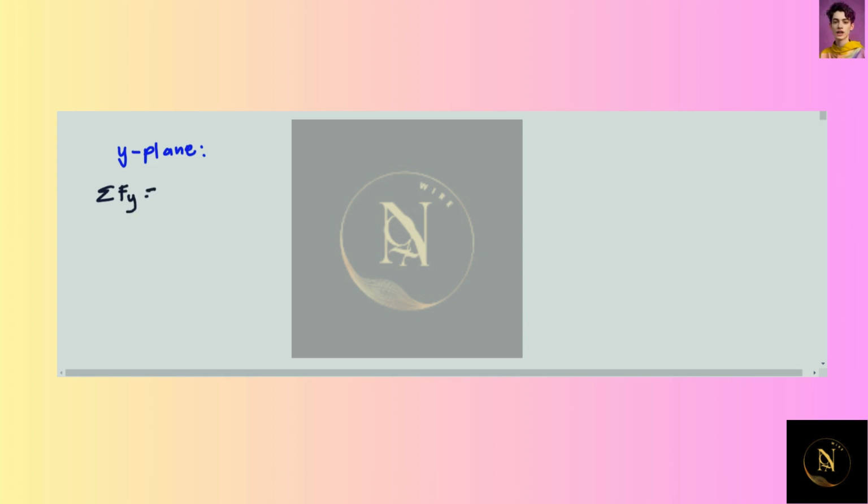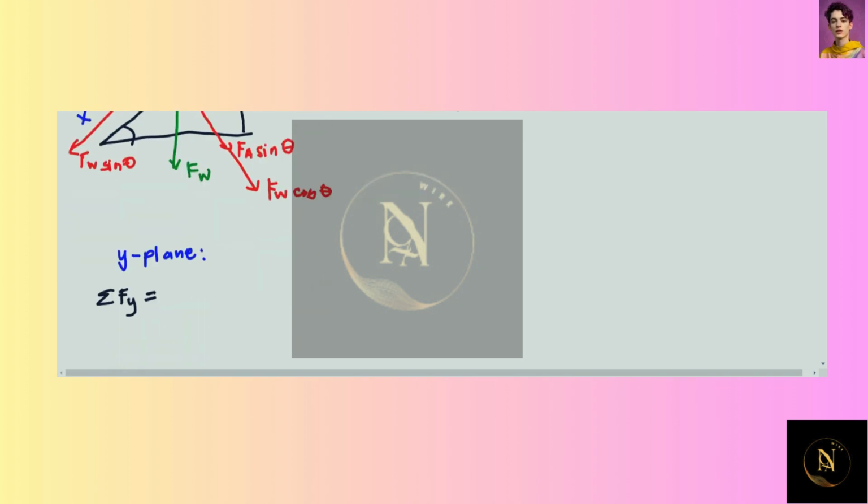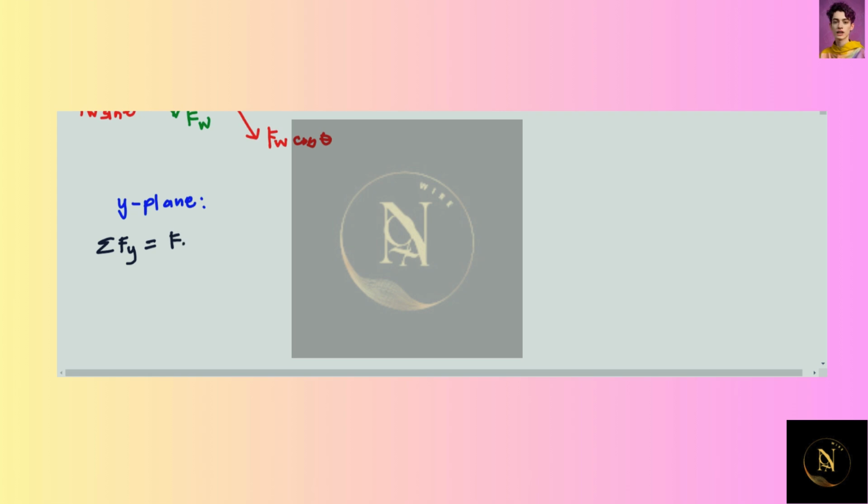The forces on this plane are the normal force, the force due to weight, which is negative since it's opposite the normal force, and the force due to the applied force, which is also negative since it's also opposite the normal force, Fa sine theta.